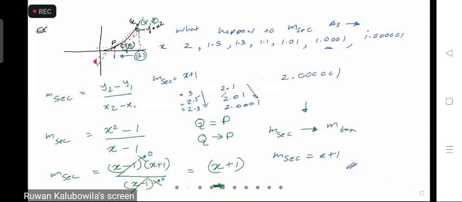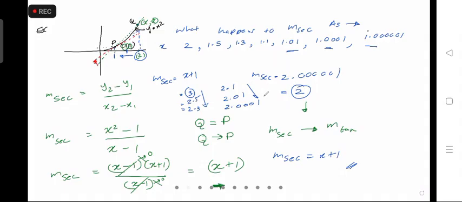The answer is going to converge, starting from 3. When you come very close to the point P, the x value is very close to 1. Then you can see the gradient of the secant going to where? Number 2.